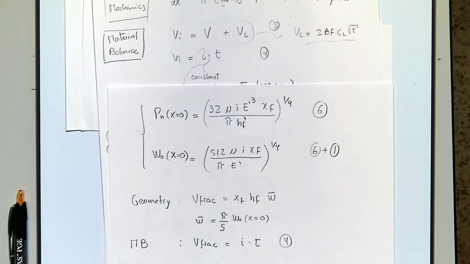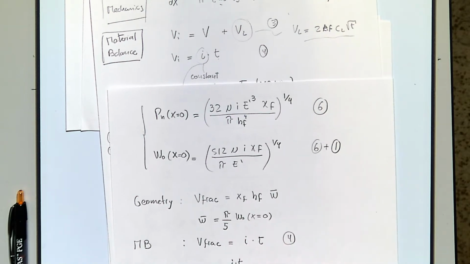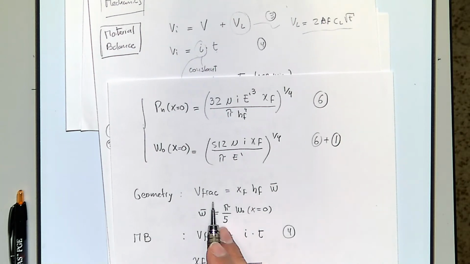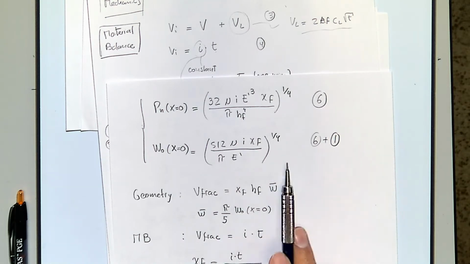So you combine this equation with this equation, and you will get that the fracture half length is going to be equal to the volume of the fracture, I times T, divided by the fracture height, I'm sorry, times pi over 5, the value that we just found here, right?